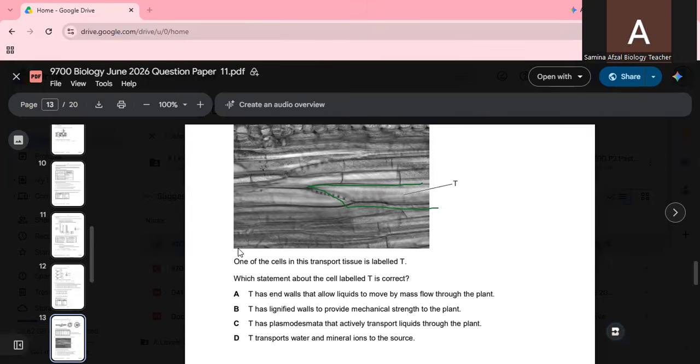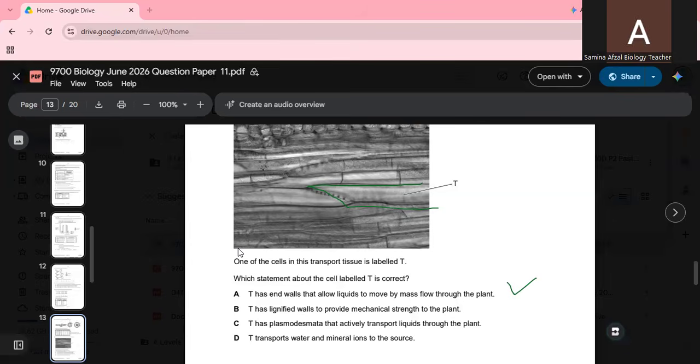The T has end walls that allow liquid to move by mass flow through the plant. Sieve tube elements have perforated end walls that allow organic fluids to pass through via mass flow. So it is the correct option.